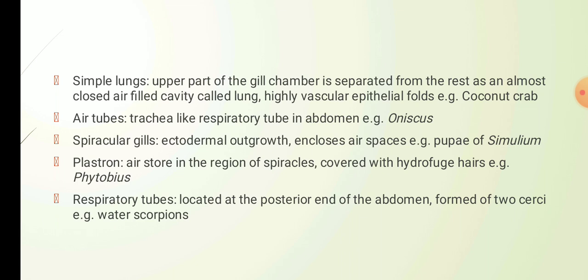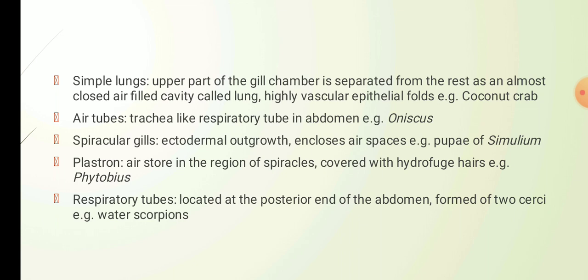The next type of respiratory organ is the air tube. Air tubes are found in a terrestrial crustacean, for example in Onychus. It contains a trachea-like respiratory tube, which is present in the abdominal appendages for aerial respiration.